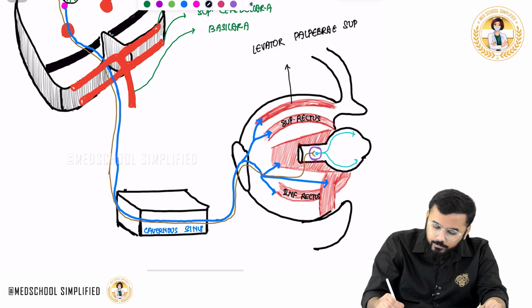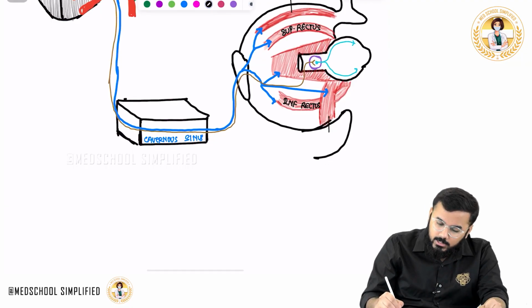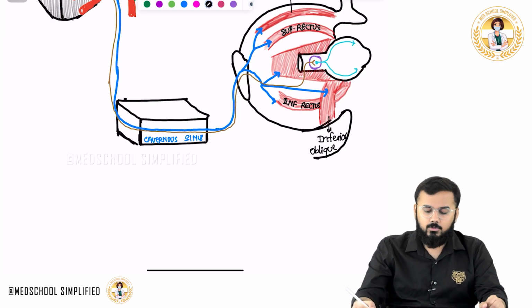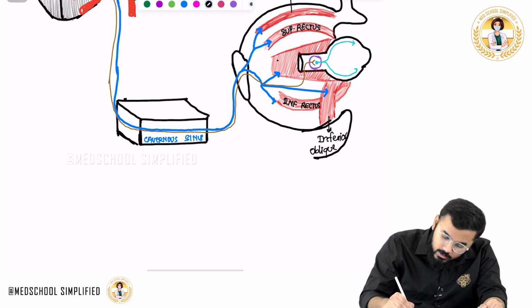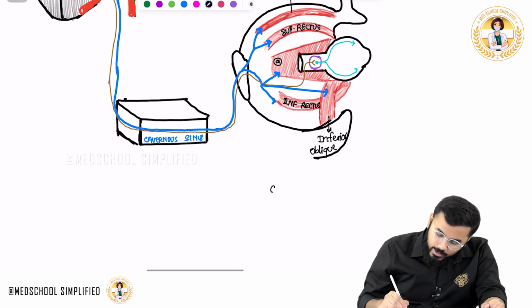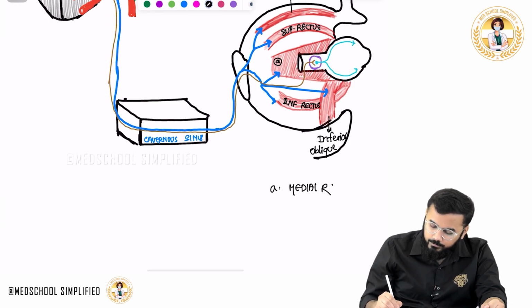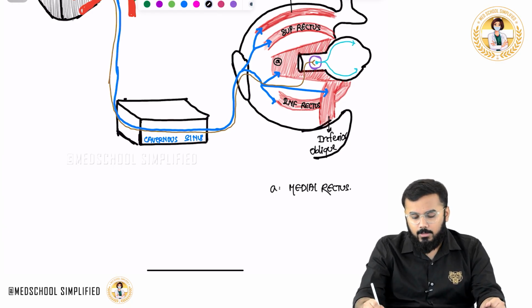Next, down here this muscle is the inferior oblique muscle. And you see this muscle in the center? I am writing it as A, and A here stands for medial rectus muscle.